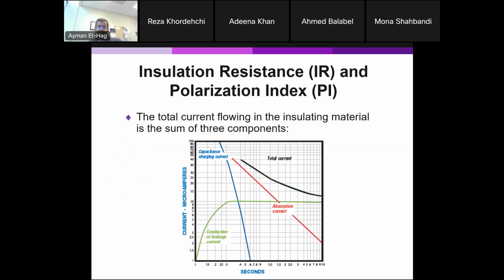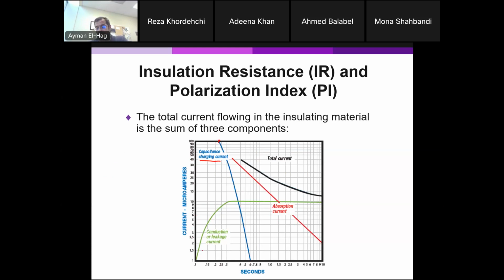So here we have three different currents. We have the capacitance or charging current. It starts with a very high value. The x-axis is the time, and the y-axis is the current in microamps. So the current starts at a very high value and then goes almost to zero. Another current, in red, is the absorption current, also starting at a high value and also reducing.